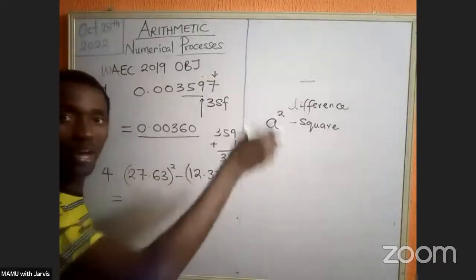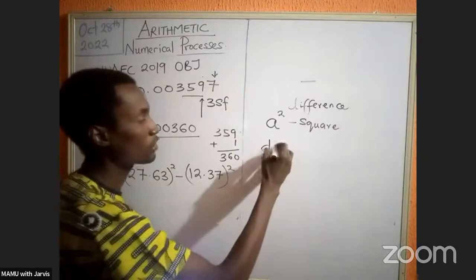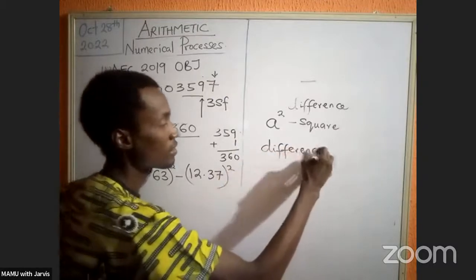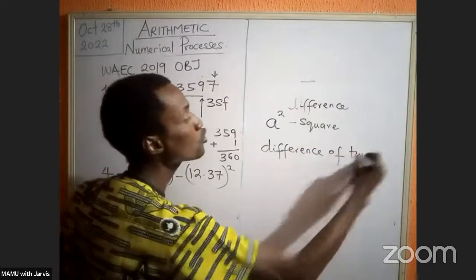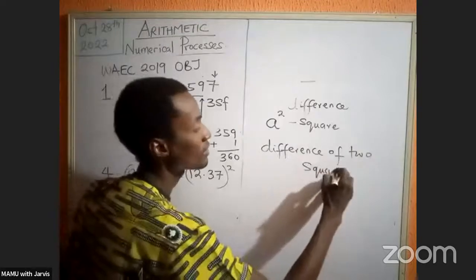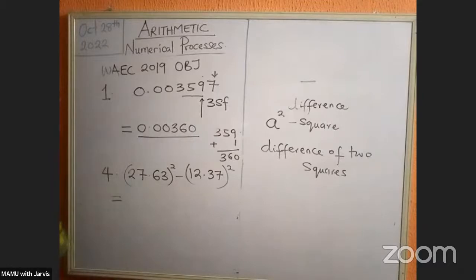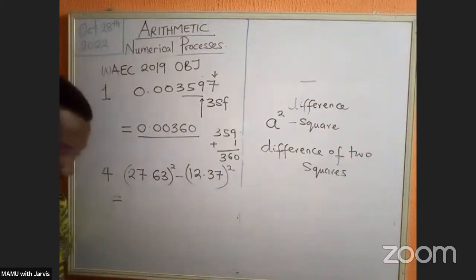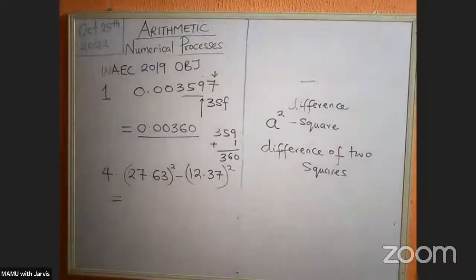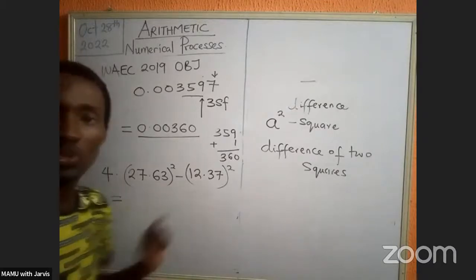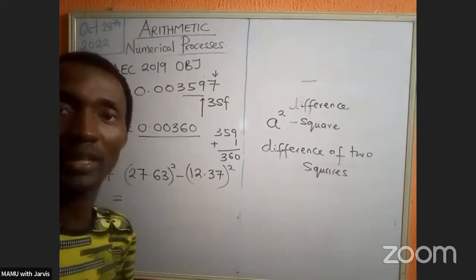So if I put the words together, I'll have what is called difference of 2 squares. Now, you must learn to identify this in a problem. Difference of what? 2 squares. Okay, somebody else is saying something. All right, let's see what you're saying.